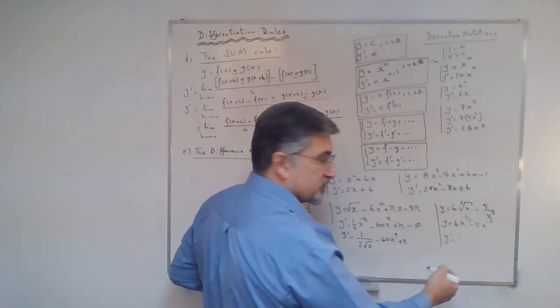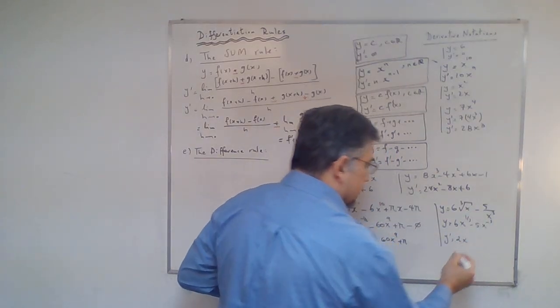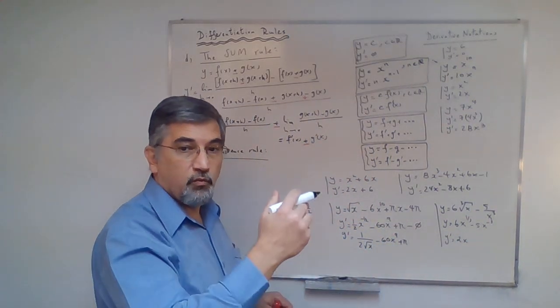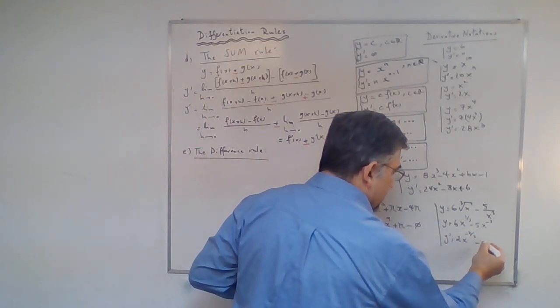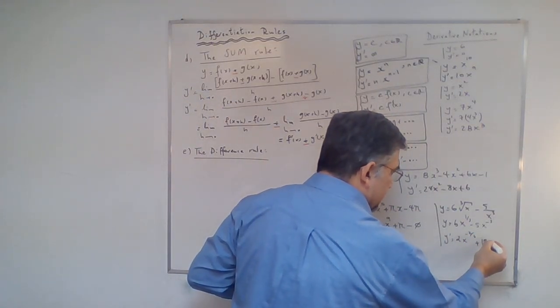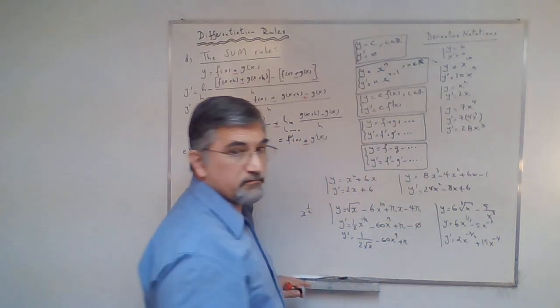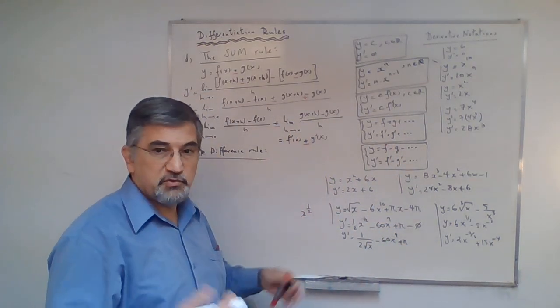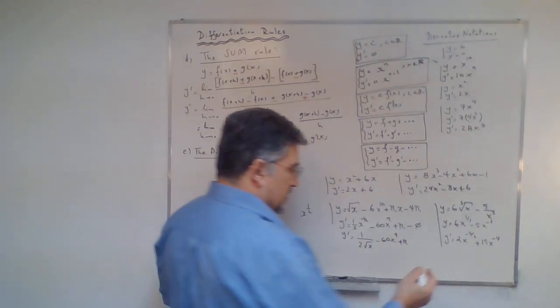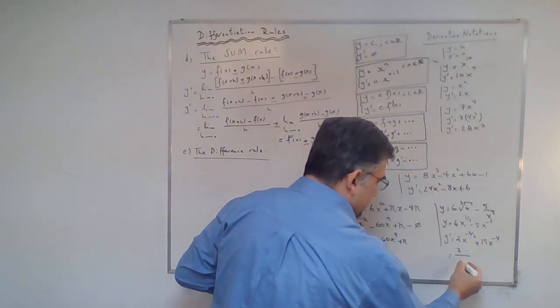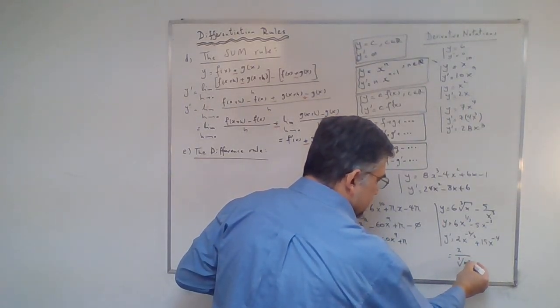So now I will differentiate. 6 times 1/3 is going to be 2x to the exponent of 1/3 minus 1, which is negative 2/3. And then minus is plus 15x to the exponent of negative 4. Okay, that's the answer. But we never leave the answers with negative exponents, right? So this is going to be 2 over cube root of x squared.